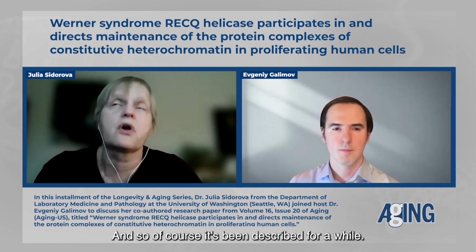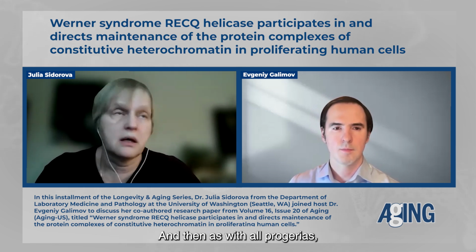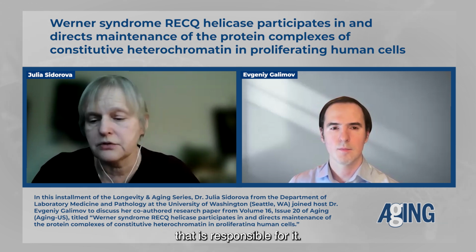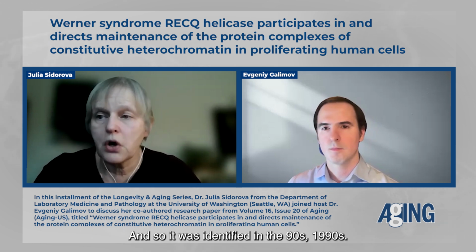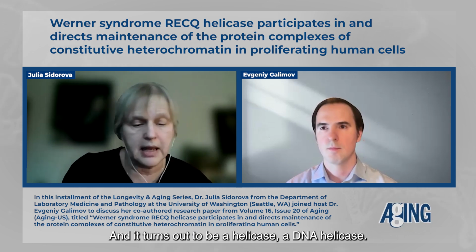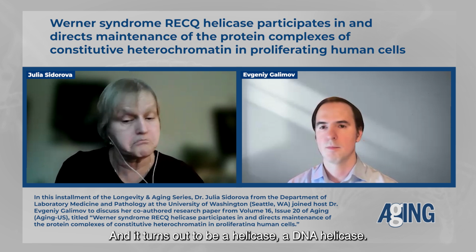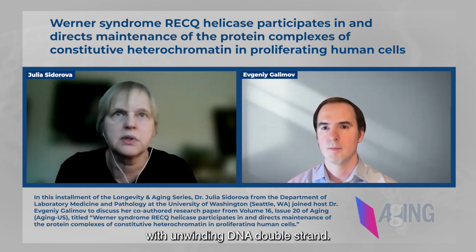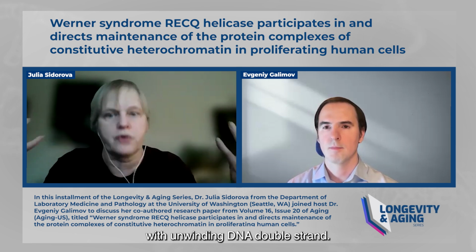Of course it has been described for a while, and as with all progerias, great interest was in identifying the gene that is responsible for it. It was identified in the 1990s, and it turns out to be a helicase, a DNA helicase, an enzyme that deals with unwinding the DNA double strand.